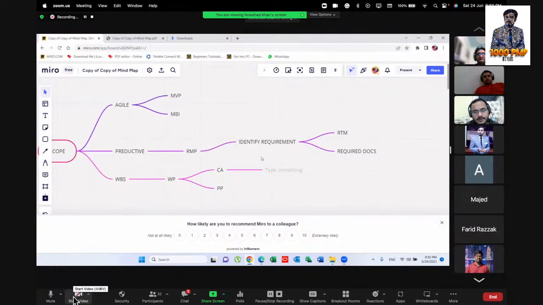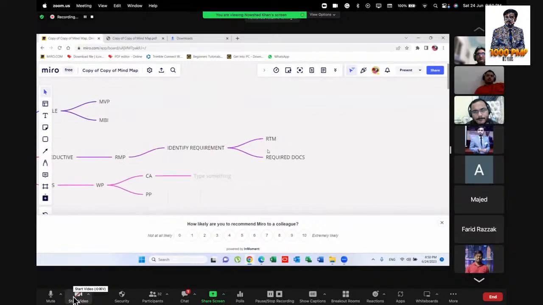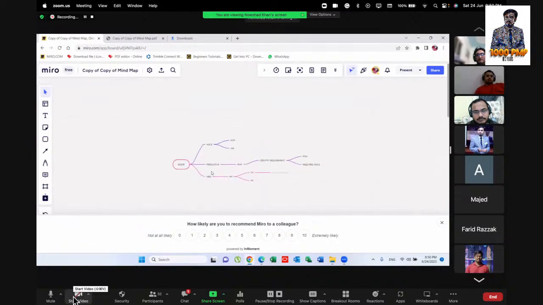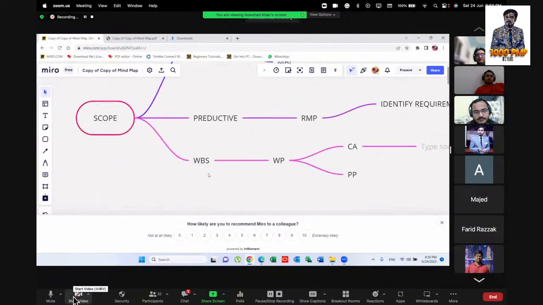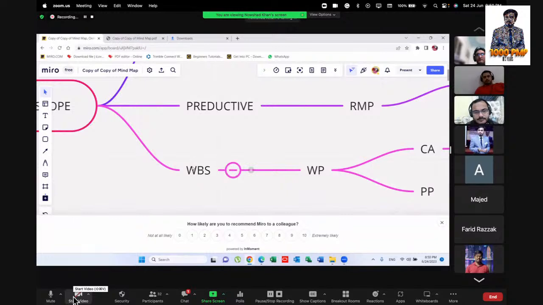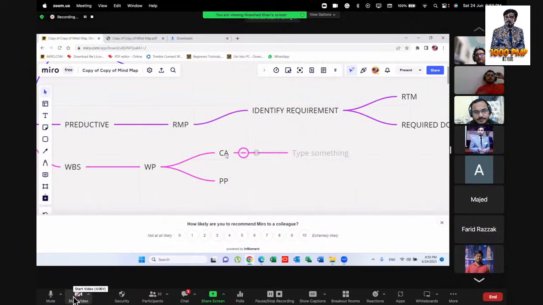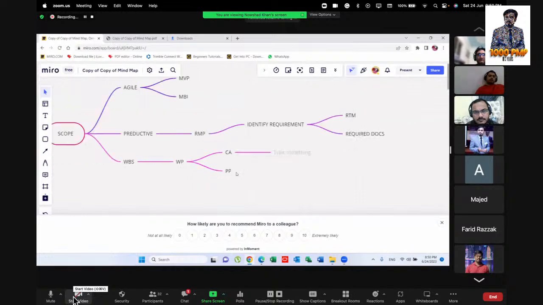In RMP we have identify requirements, and in requirements we have RTM and requirements documents. Then we have WBS, and in WBS we have work packages, control accounts, and PPP, and then close.